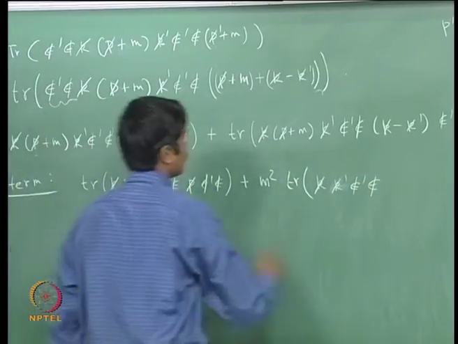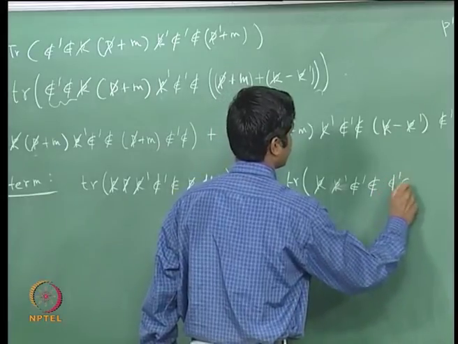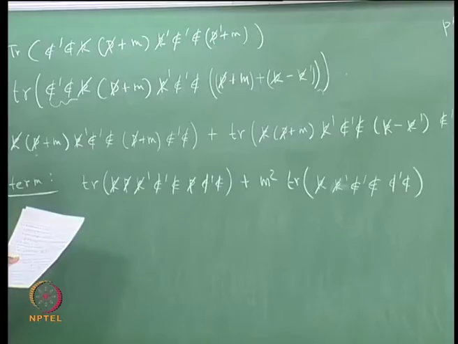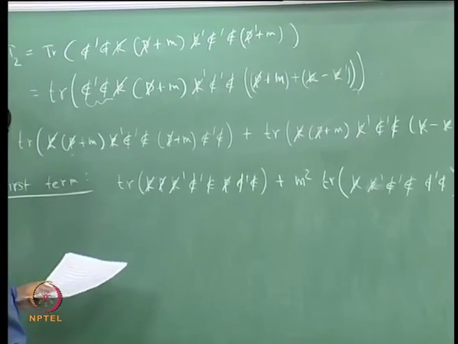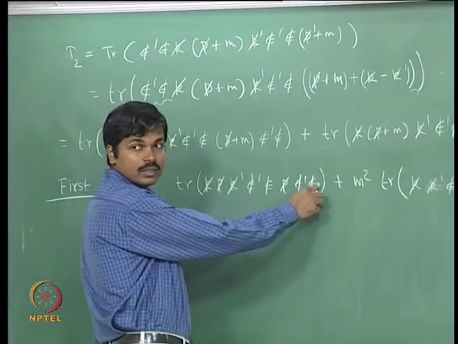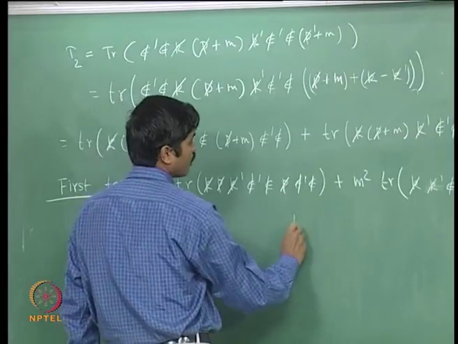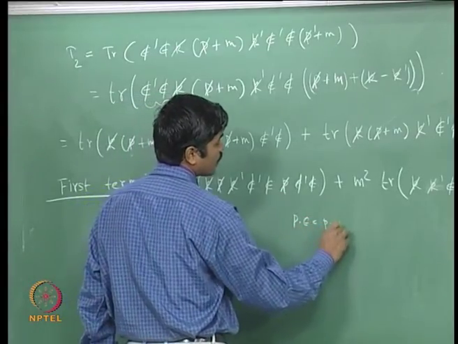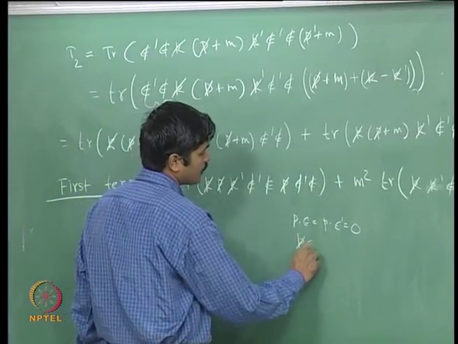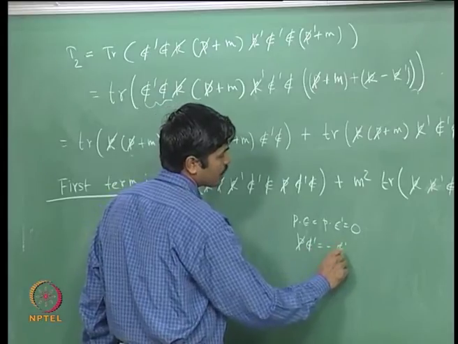Now, what we can do is you can bring this P slash to this end here, because P dot epsilon equal to P dot epsilon prime equal to 0. This implies P slash epsilon prime slash is minus epsilon prime slash P slash.